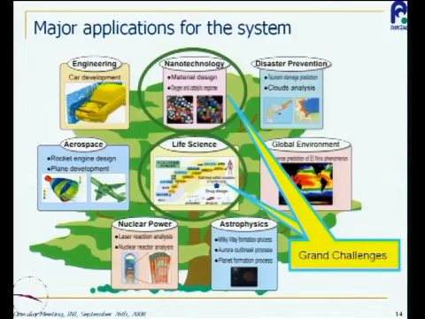The major applications of the project are in a wide range of fields, from engineering, aerospace, nuclear power plants, and so on.